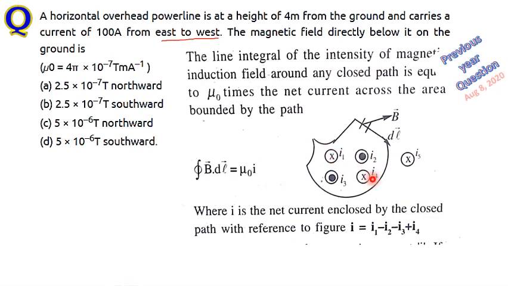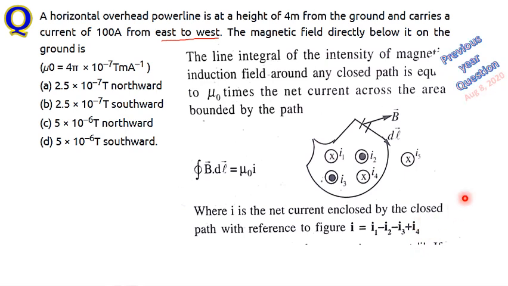The current mentioned with a cross mark is positive, and the current shown with a dot in a circle is moving outward from the surface, so that is negative. I2 and I3 are negative, moving outward from the surface. I1 and I4 are the currents moving towards the surface. The current flowing away from the surface is not considered here, it can be neglected. This is the formula here.